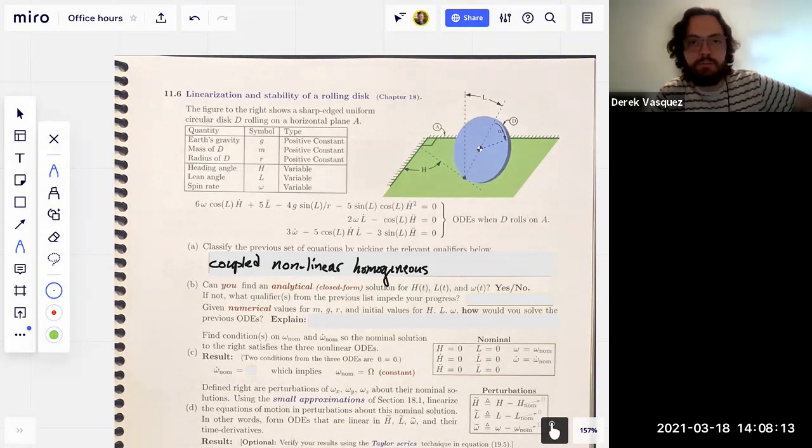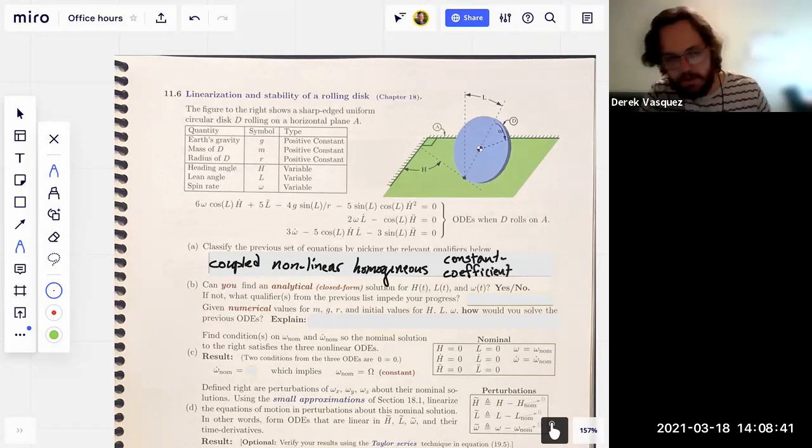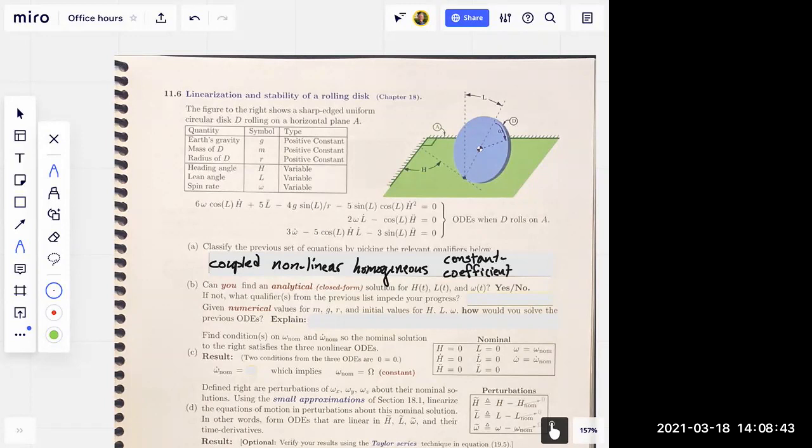And so rather than being a variable coefficient term, that's actually just a coupled term, is how we would describe that term, where you have like an L times an H or a H times H dot or something. Those are coupled terms. Those aren't variable coefficients. So this is just going to be a constant coefficient system. Does that make sense? Yeah.